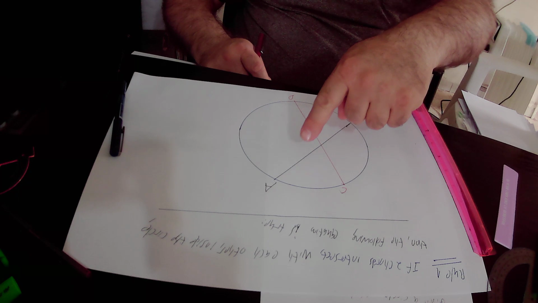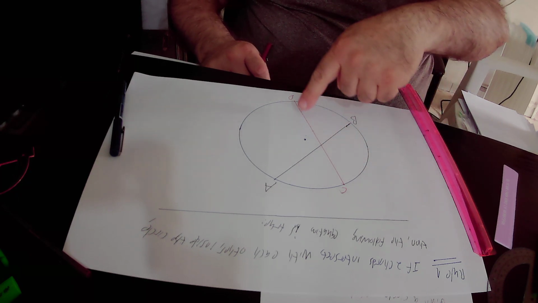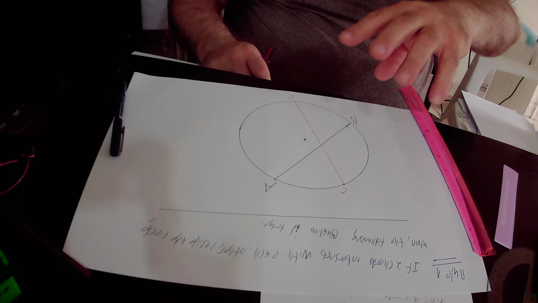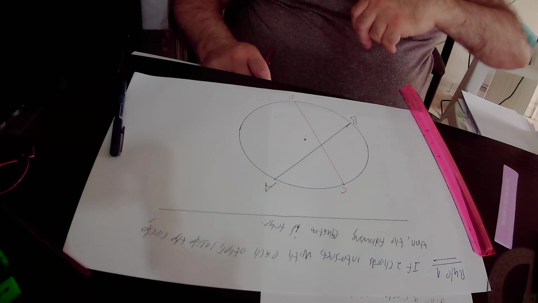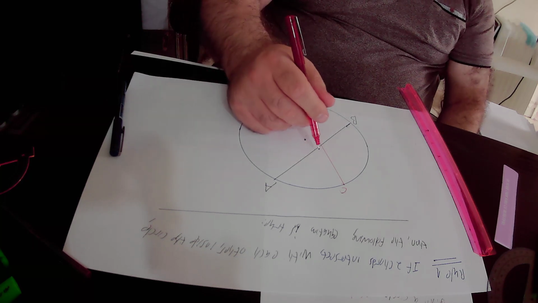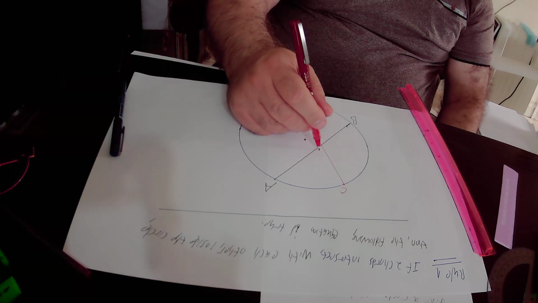Repeat again, this is called AB, this is called CD, and those two chords intersect with each other. At this point, we define the intersection point as point O.